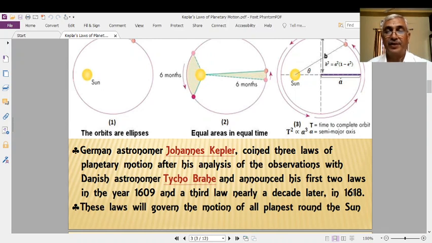These 3 laws govern the motion of all 8 planets around the Sun. The 8 planets are revolving around the Sun in their respective orbits very stably. When there is a stable physical system, it possesses negative potential energy.